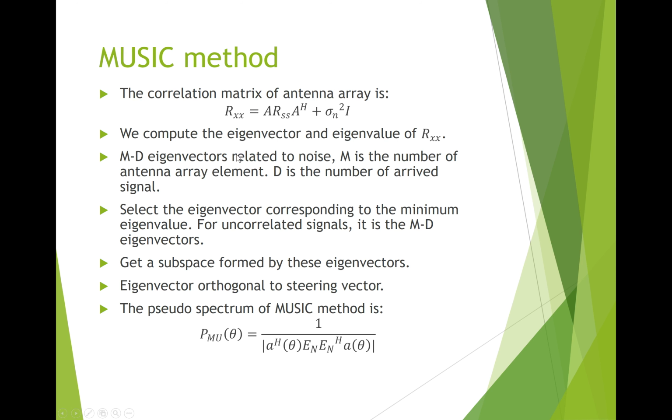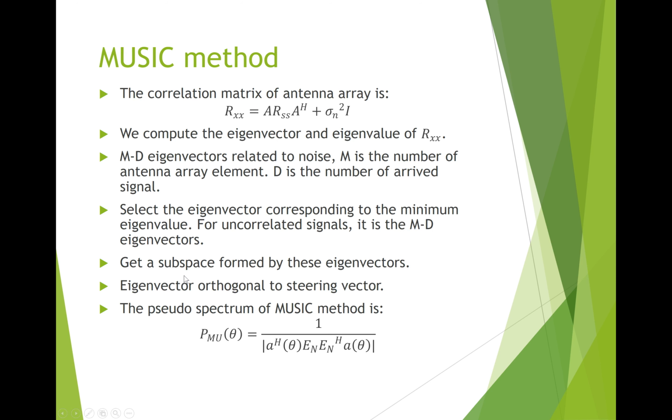Then there are m minus d eigenvectors related to noise. M is the number of antenna array elements, and d is the number of arrived signals. Then we select the eigenvectors which have the minimum eigenvalues, because the noise signal is uncorrelated, so the noise has the minimum eigenvalues, which is m minus d eigenvectors.